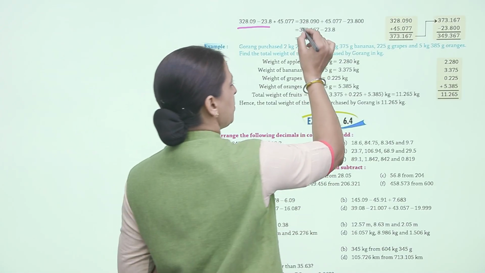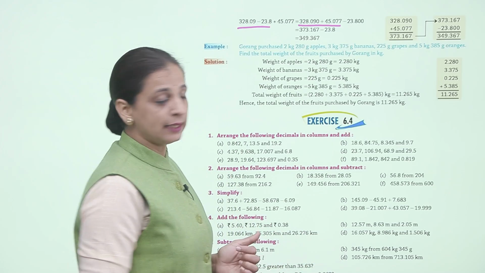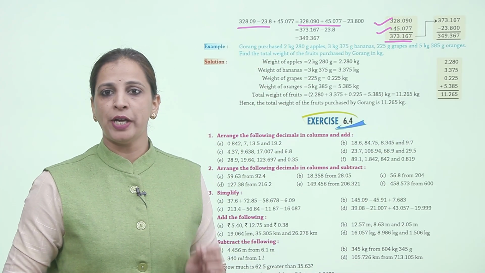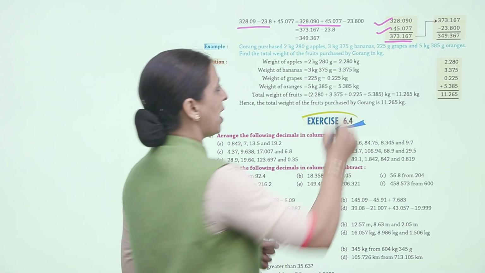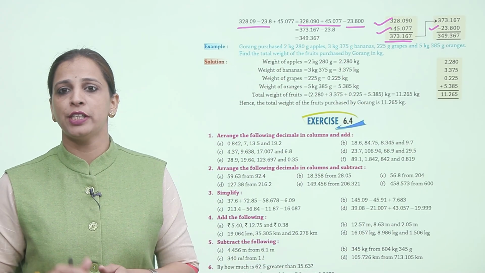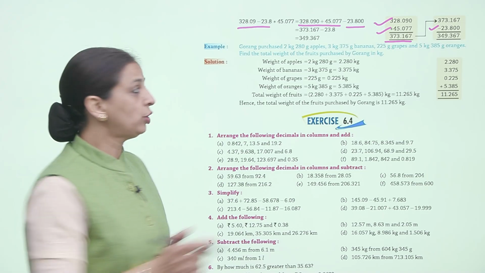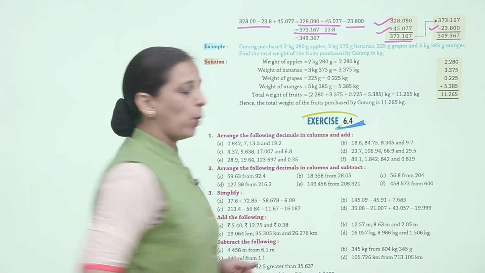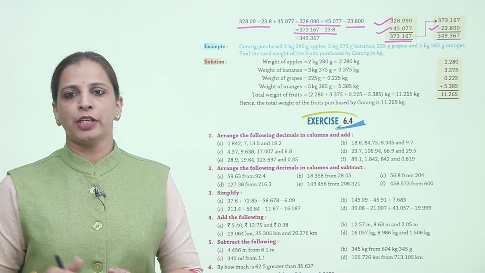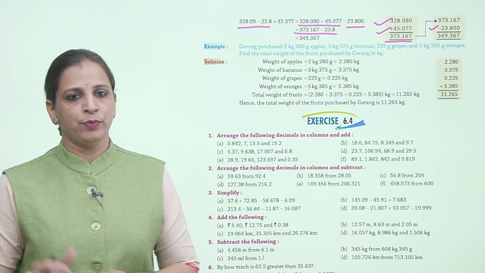Adding the positive numbers together, that becomes 373.167. From the sum, subtracting the negative, 373.167 minus 23.8 becomes 349.367. Now, next example.